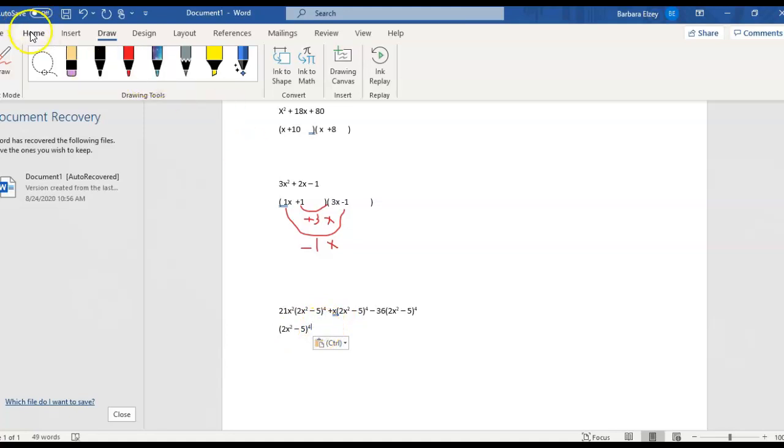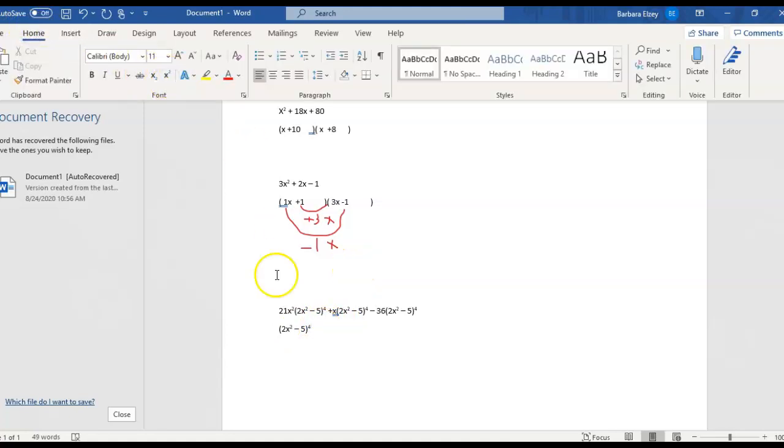Okay, and now when I pull that out, what's left is this 21x squared, an x right here, and a negative 36 right here.